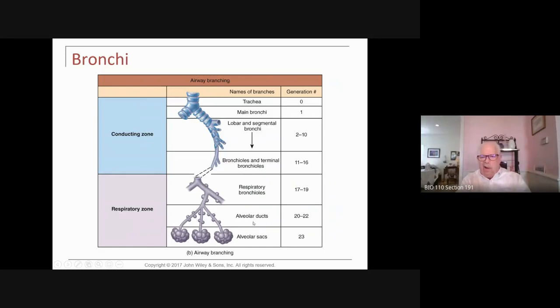This is where air is now exchanged. Oxygen goes in, carbon dioxide comes out. The respiratory bronchioles, the alveolar ducts, and the alveolar sacs. This is where gas is exchanged in the respiratory zone.